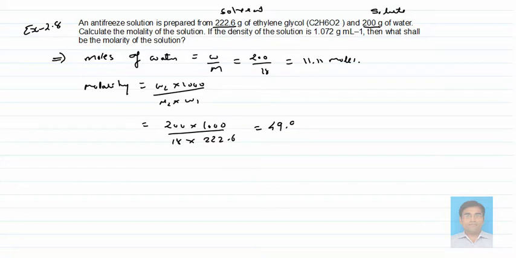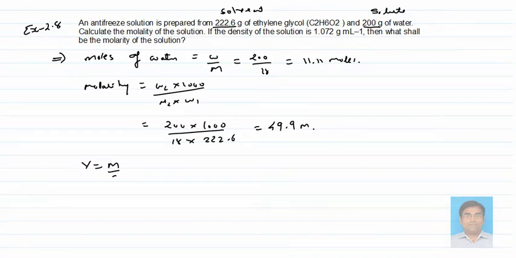Now we have to find out molarity. If the density of the solution is 1.072 gram per ml, then what shall be the molarity of the solution? So here we have to find out volume. V equals to mass upon density. Here we have to take mass of solvent and solution both.